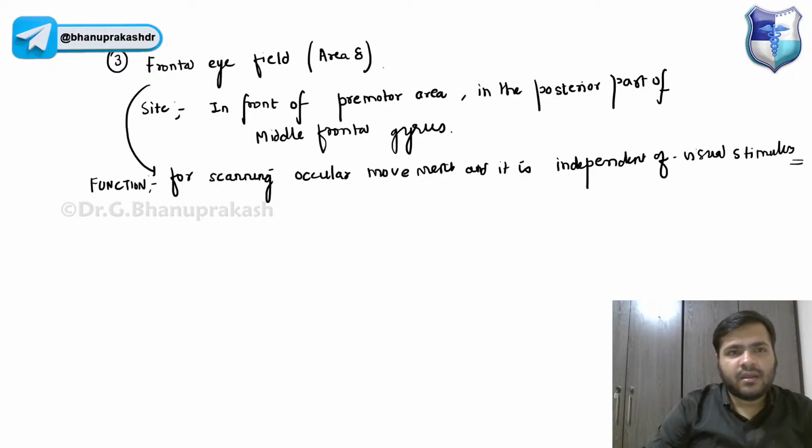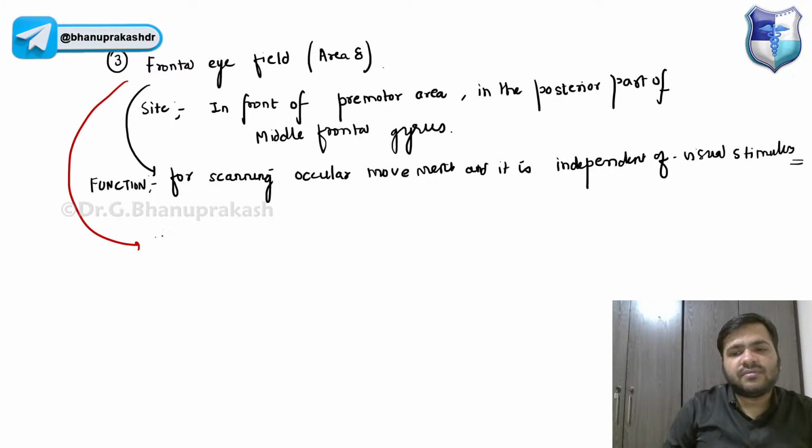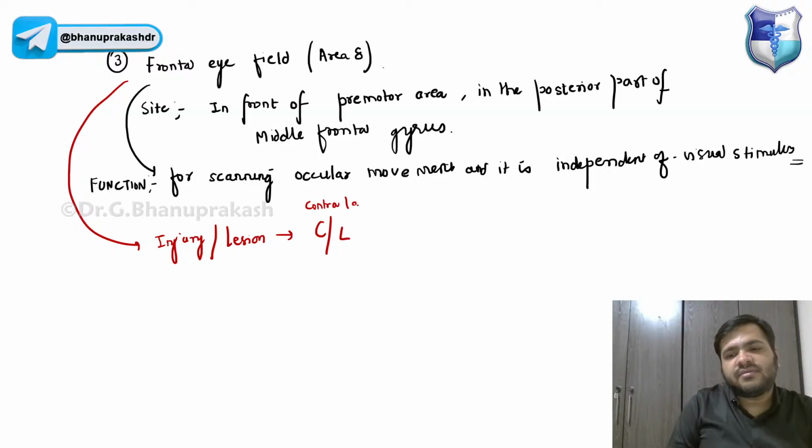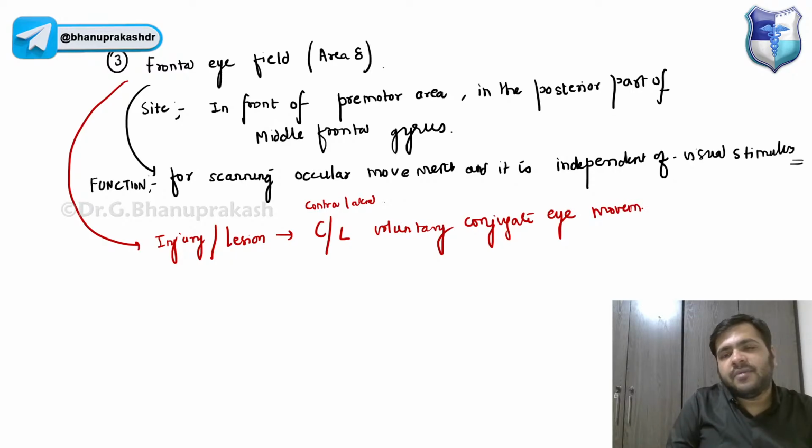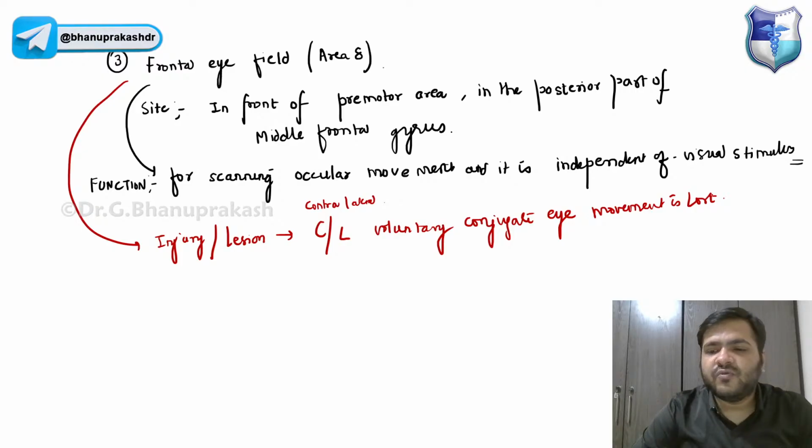Now, obviously, what is the lesion? If there is any injury or any lesion to this, guys, what will happen? Contralateral, opposite side, voluntary conjugate eye movement is lost, guys, right?